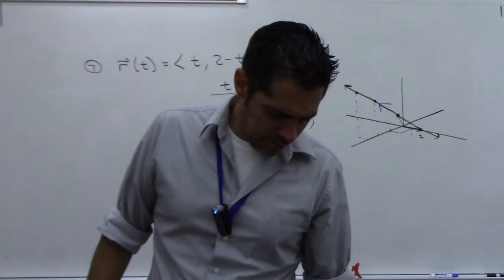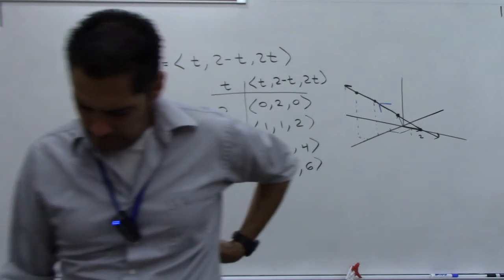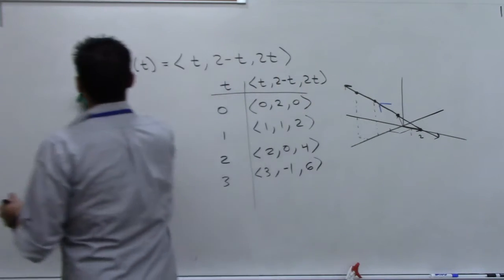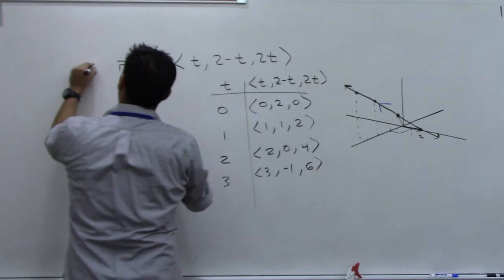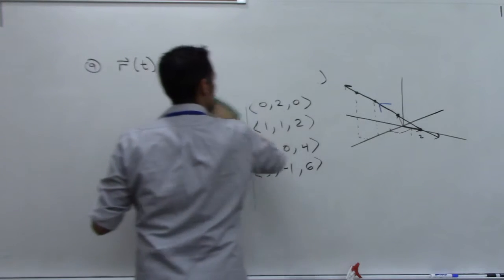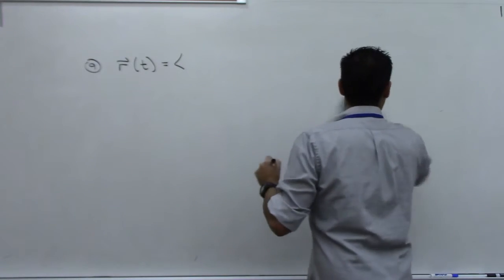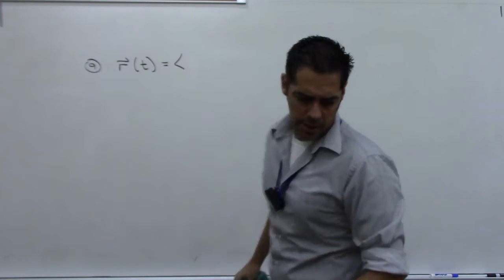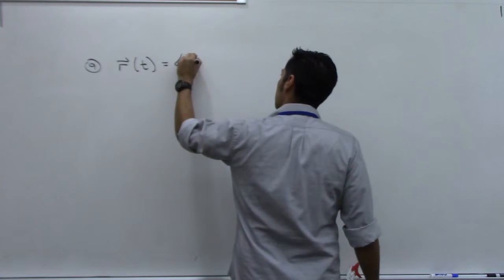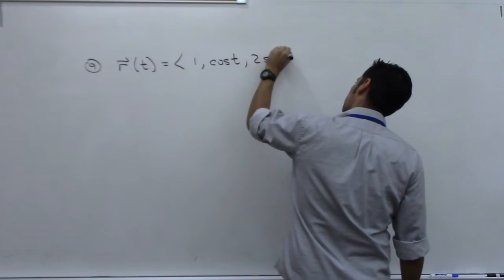Number 9. Well, number 9's kind of worth drawing. Yeah, let's look at number 9. So for number 9, we have 1, cosine t, 2 sine t.